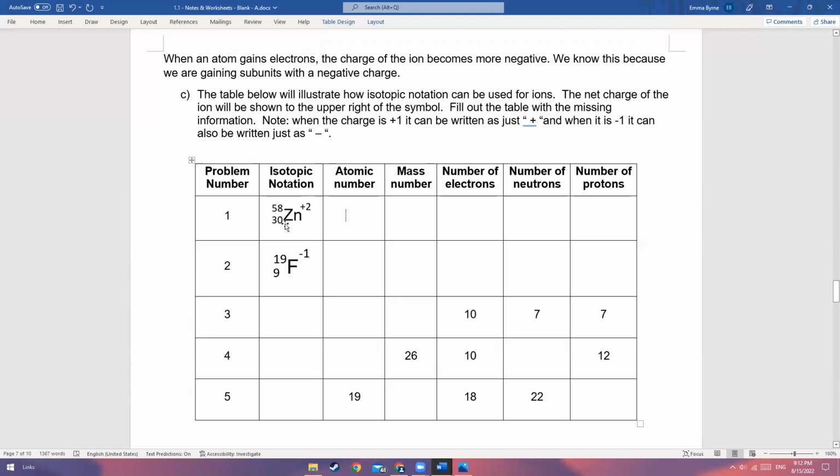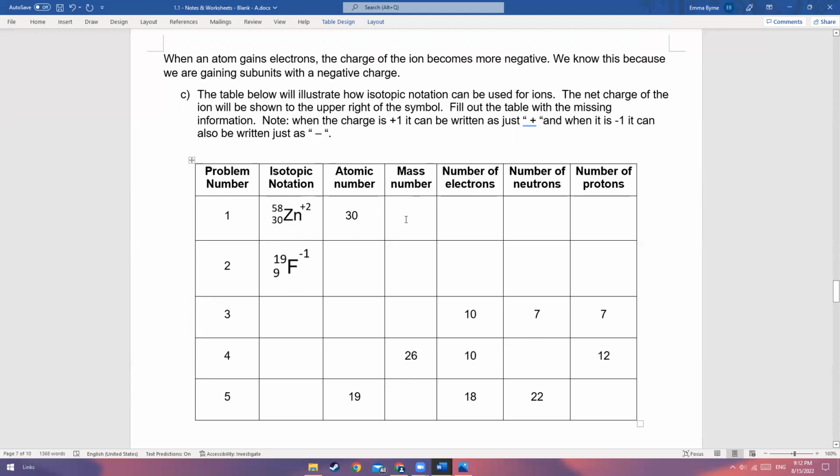We've got zinc here. We know that the atomic number in isotopic notation is always in the lower left, and we know that the mass number is in the top left. And here we have a net charge of +2. So the atomic number here we know is going to be 30 because it's right here in the notation.